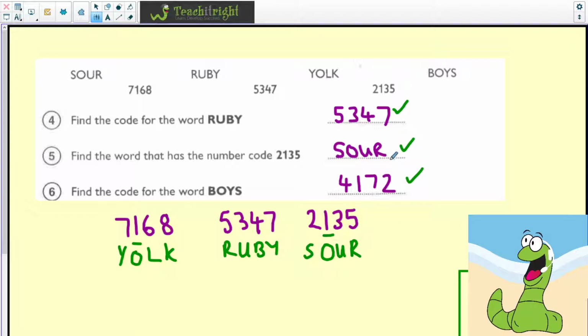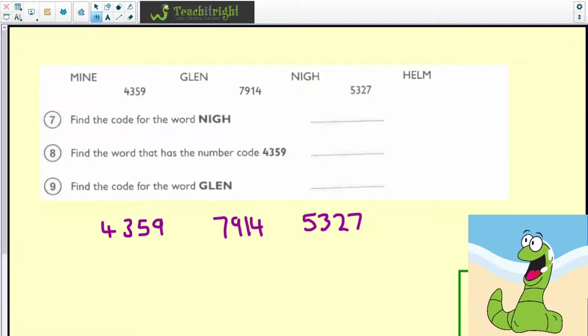And then we've only got one more set left. So again, we can have a little look first of all at the numbers, if there's any numbers that appear in the same positions. Well, interestingly here, if we look at the second letter again of the words, there's an I, and so we know we've got 2 numbers that are the same. So we can write I underneath the 3.